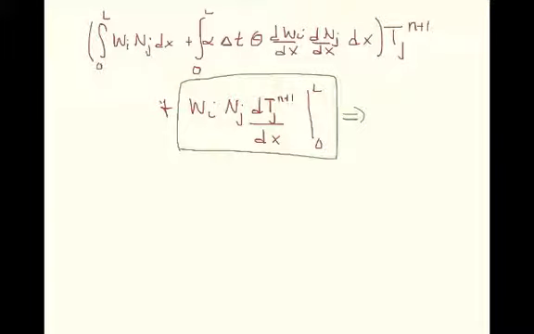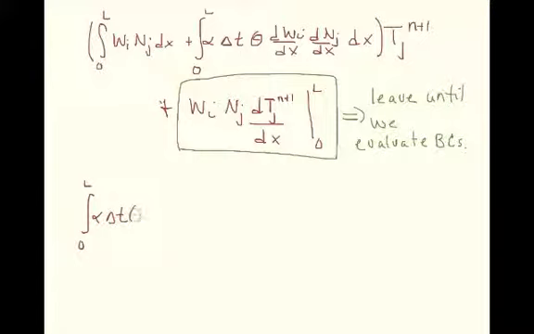We will leave this until we actually look at all of the boundary terms, so until we evaluate the boundary conditions. Instead, we'll focus on the first two terms. The integral from 0 to L of alpha delta t theta, dW_i/dx, dN_j/dx, dx is familiar.